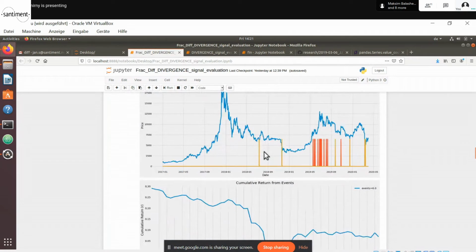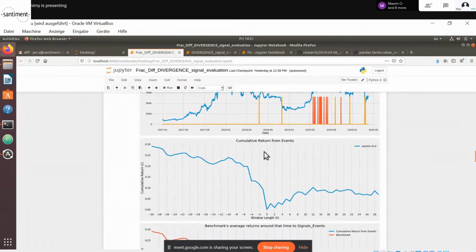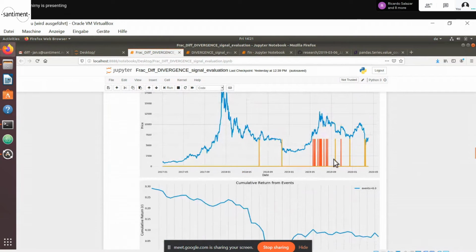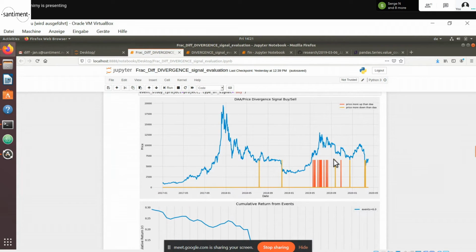So in terms of how well they work, we can see here the signals in this case for a specific threshold of 3 standard deviations. And I mean, they still do work pretty well. So you would buy and then you sell up here and then you buy here.